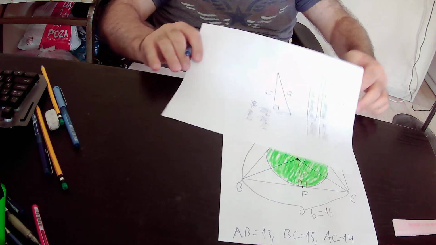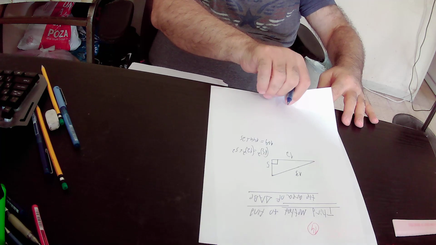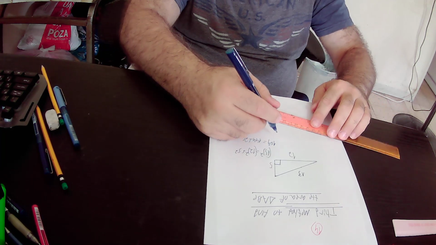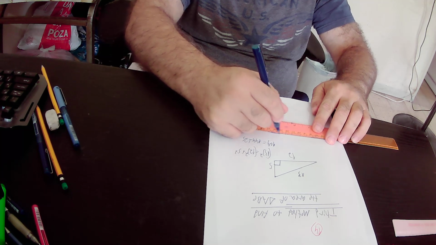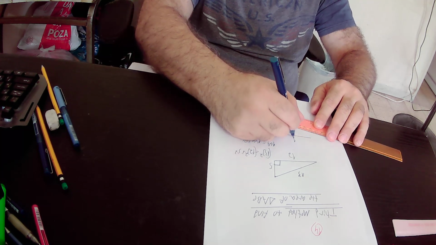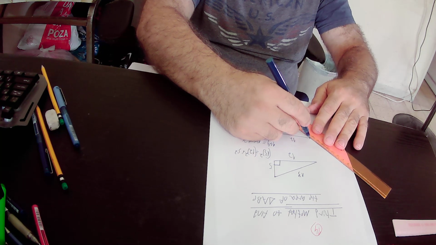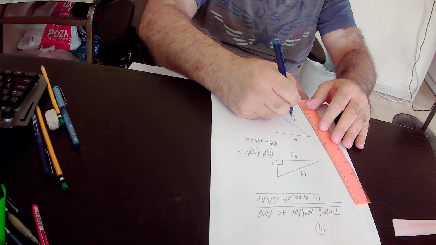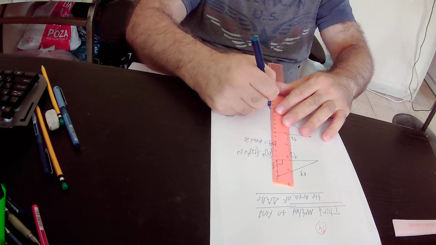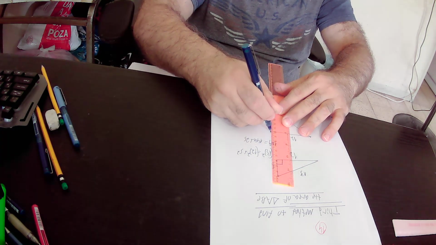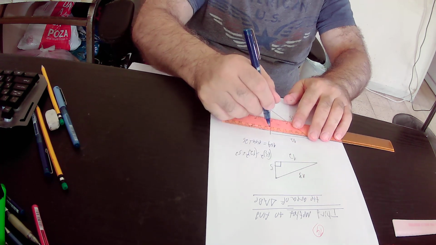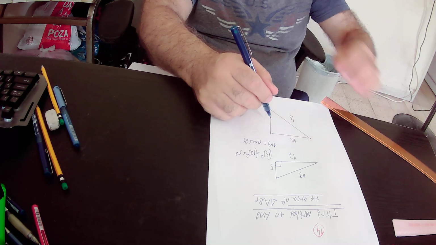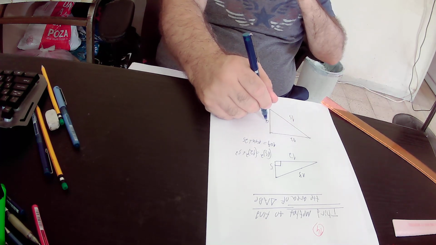and the second part of triangle ABC, after we divided it into two right triangles, is actually 12, 15, and 9.